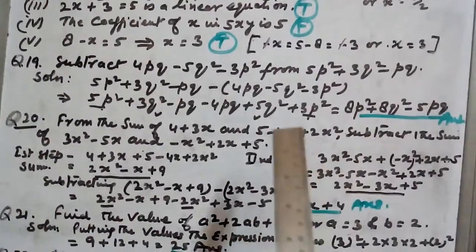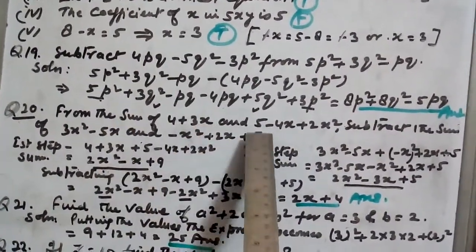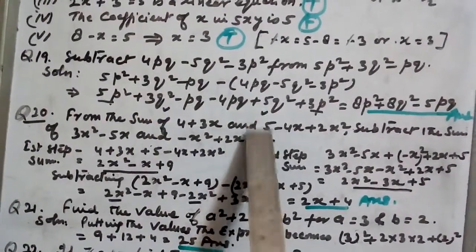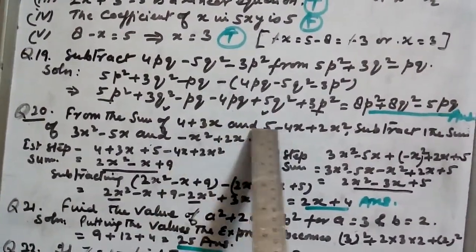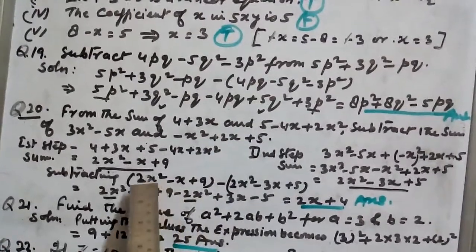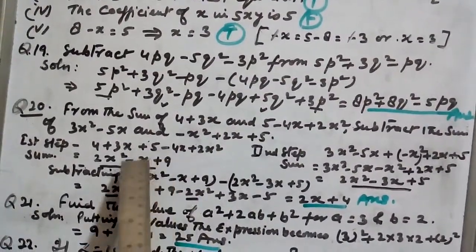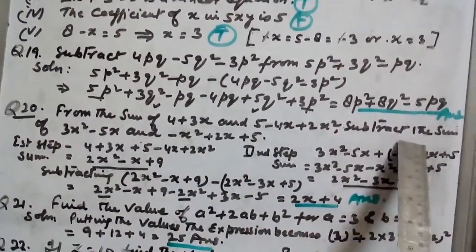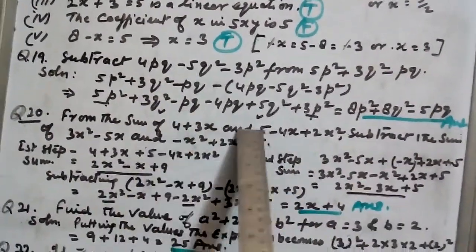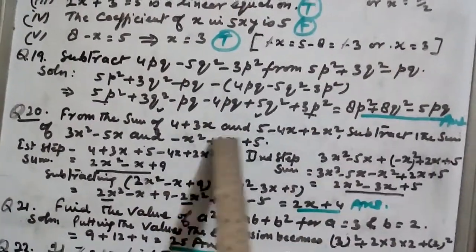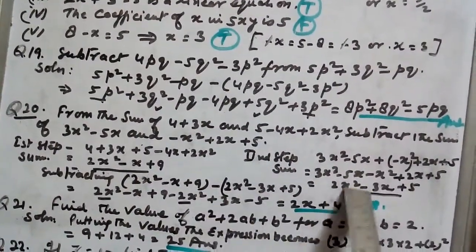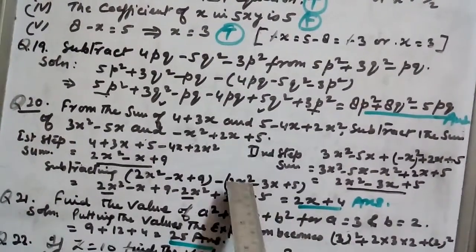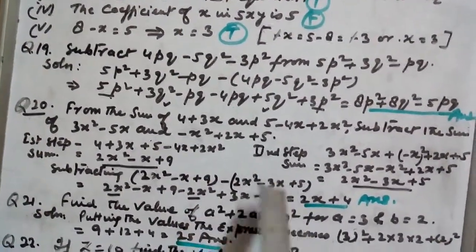Now the question is asking us to subtract the sum of this from the sum of this. From means this must be the first term of the subtraction. So this sum is the first term, and subtracting the second sum, we get minus 2x square, and you have to put it in the bracket because you are putting a minus sign here.